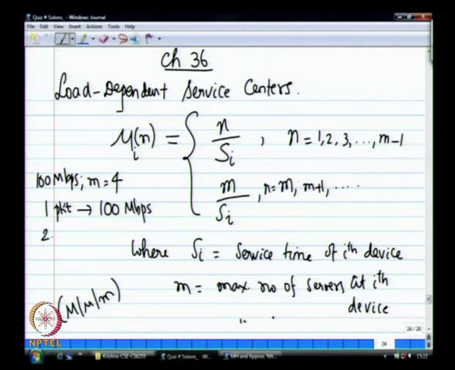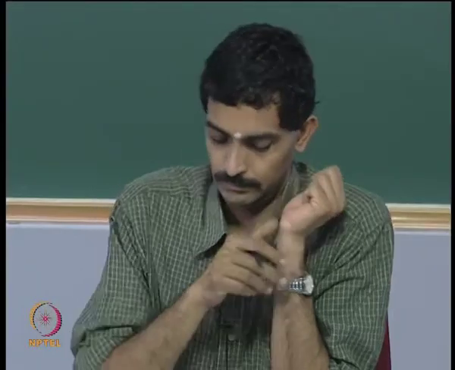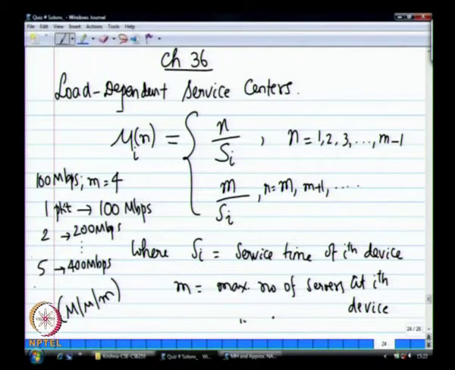When there are 2 packets simultaneously being served, it goes to 200 Mbps. When there are 5 packets in the queue, it is still 400 Mbps because the others are getting queued. That is what this is trying to tell you: the effective capacity of the server depends upon the number of customers in the queue. So even if there are 8, it is only going to be 400 Mbps.